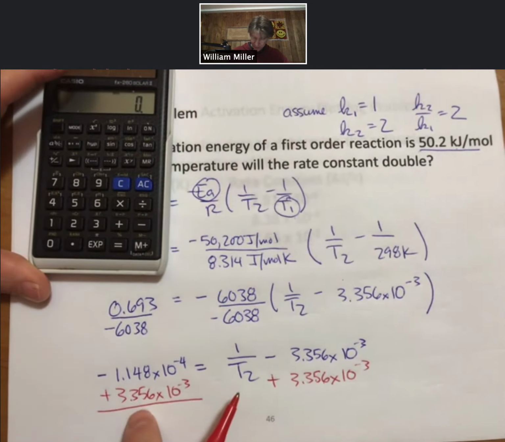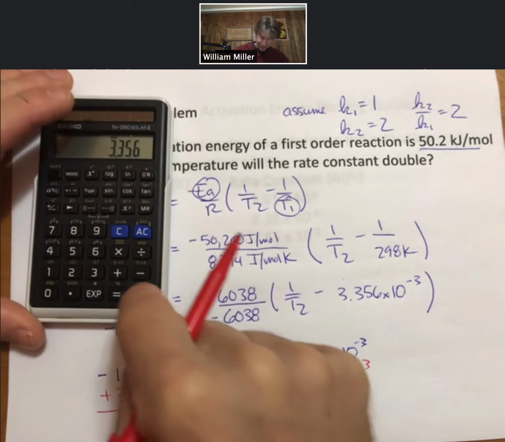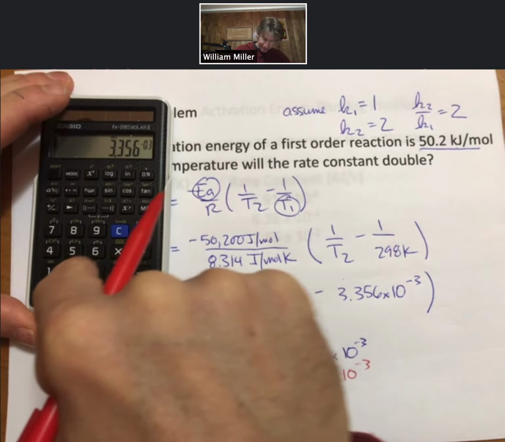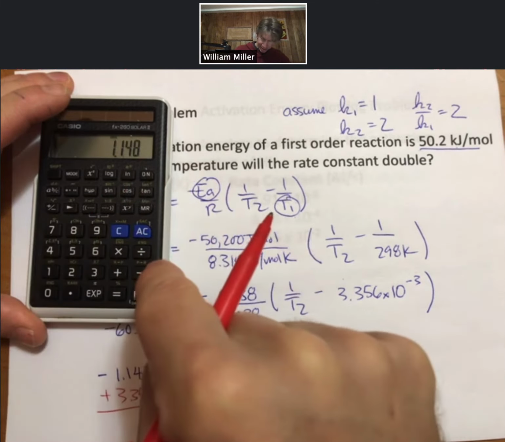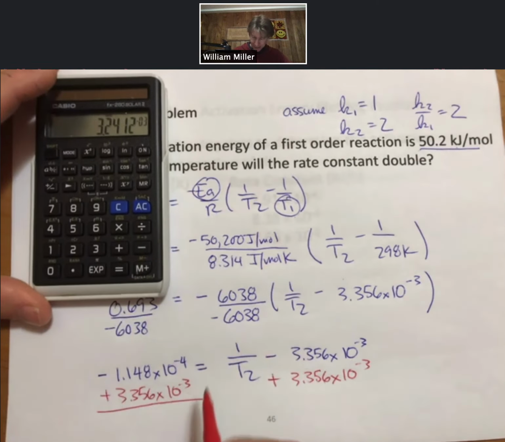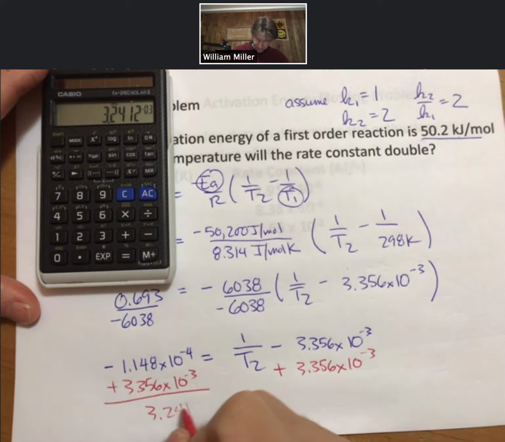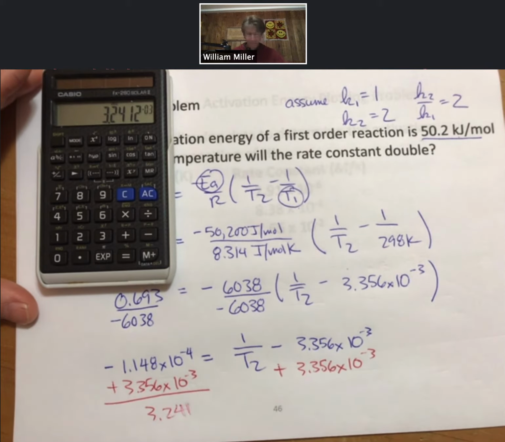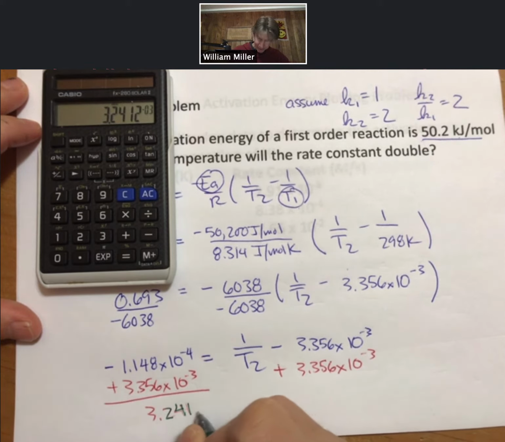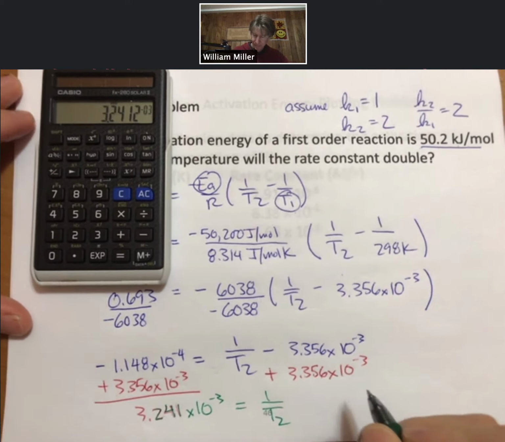And so I'll just do this minus that. 3.356 times 10 to the minus 3 minus 1.148 times 10 to the minus 4. I get that 3.241 times 10 to the minus 3 equals 1 over T2.